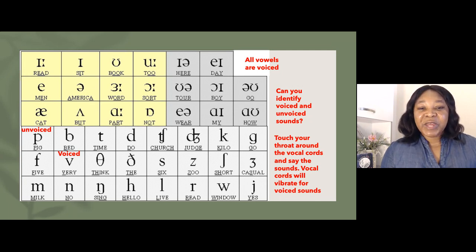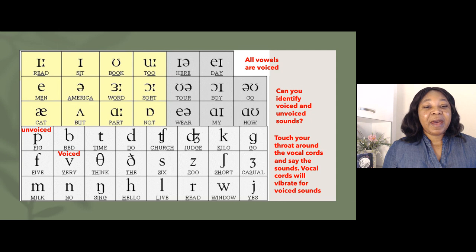Then we have the diphthongs: ear in the word hear, a in the word day, or in the word baby. We have tour, I'm going on tour, and oy for boy, o in go.